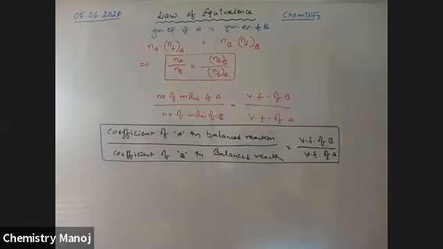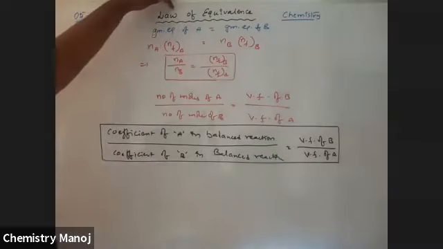The coefficient of A in the balanced reaction by the coefficient of B in the balanced reaction is equal to the valency factor of B by the valency factor of A.